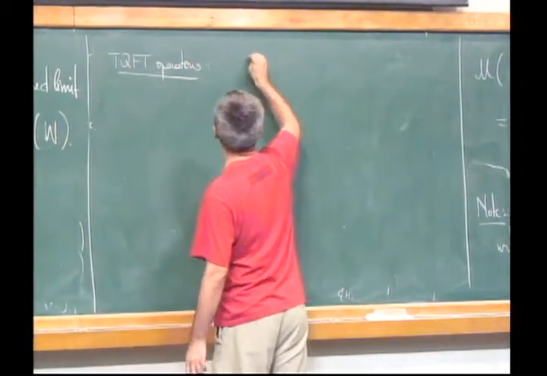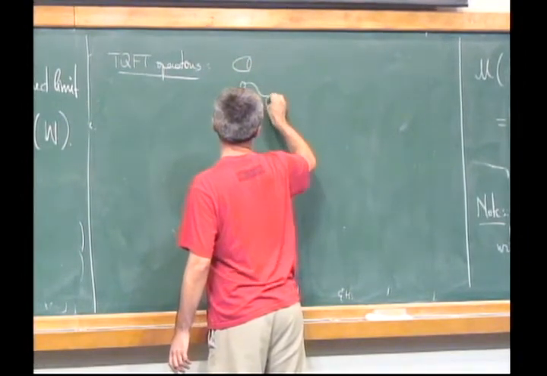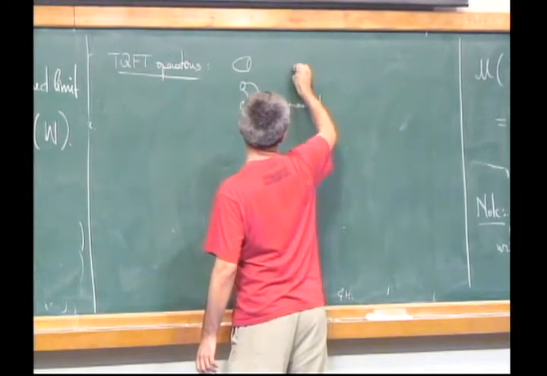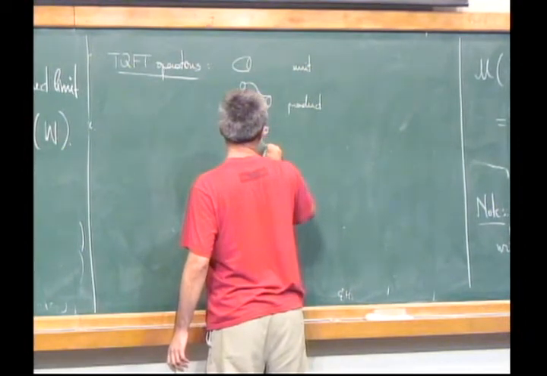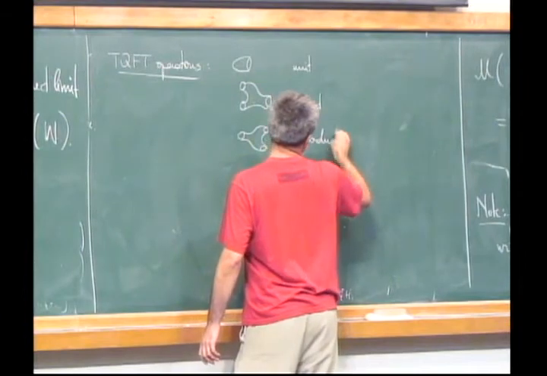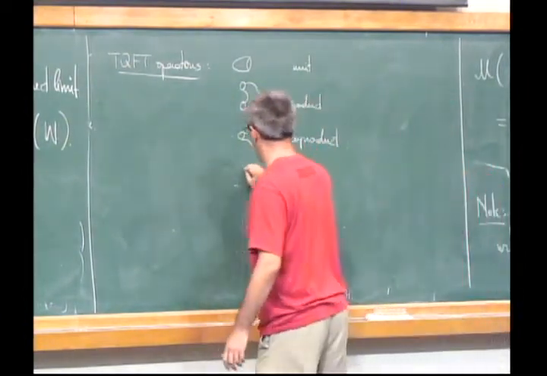This is the unit, this is the product. You can also have a coproduct. Actually, these, by the gluing relations, are going to determine everything, and this guy does not exist.